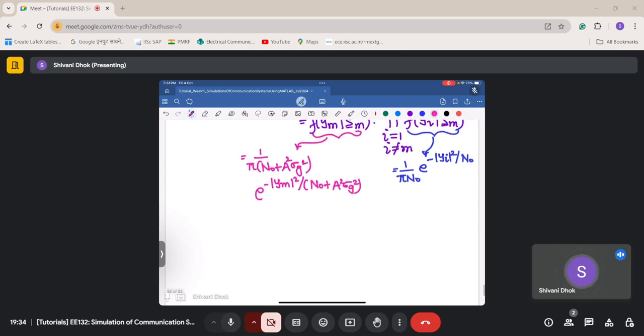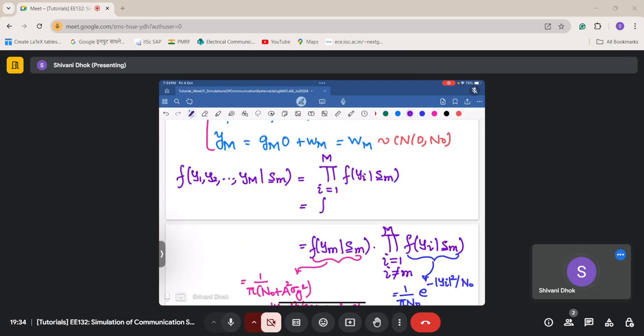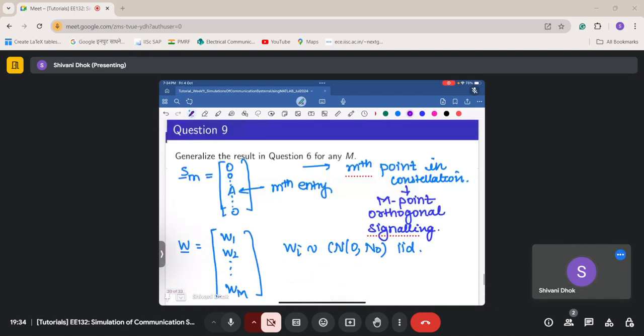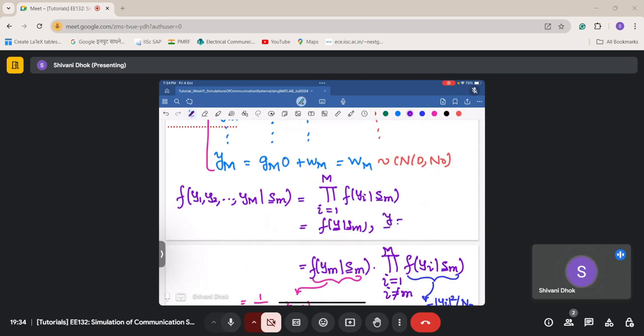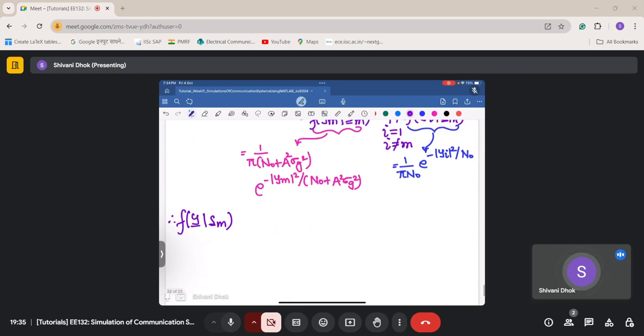Therefore, I can write f of y1, y2 and so on, simply as f of y given Sm, since y1, y2 and so on till ym constitute a vector. Y is this vector y1, y2 and so on till ym, like this.